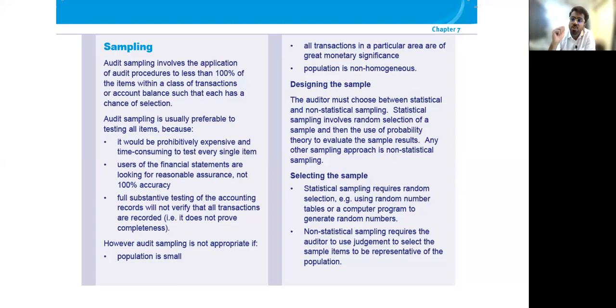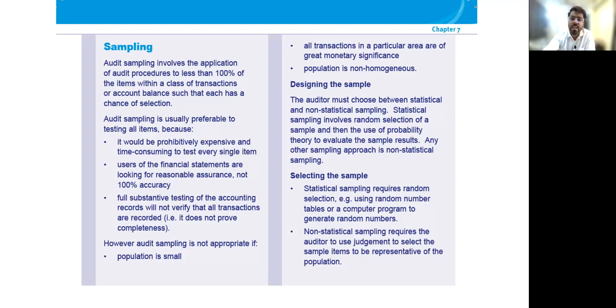So if you're using random selection theory and probability theory, then you will be using the statistical sampling method.